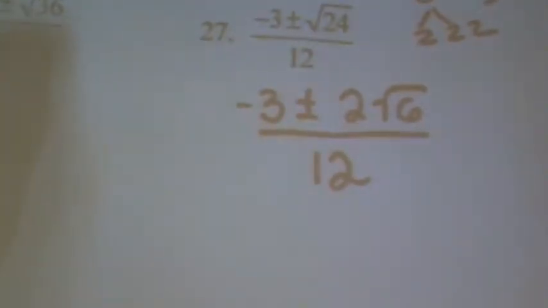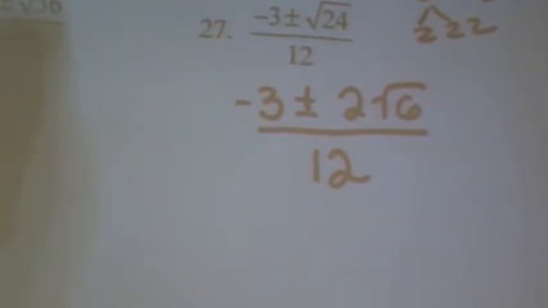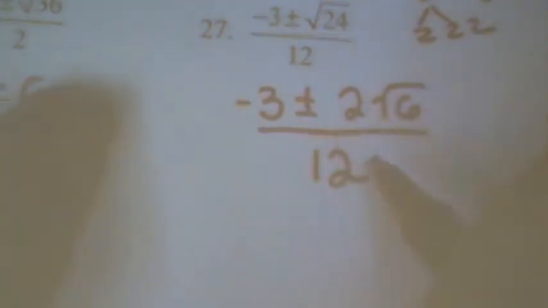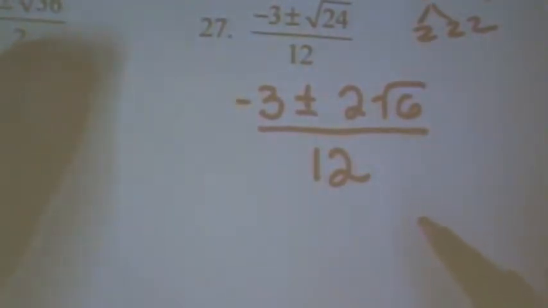I see all kinds of goofy things happening with this one. Can you simplify it? No, you can't. So you either leave the question the way it is, unless you can think of a number that goes into all 3 of these at the same time, then you can cancel. But if you can't, then leave it.